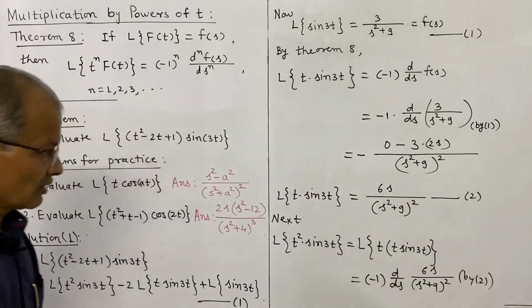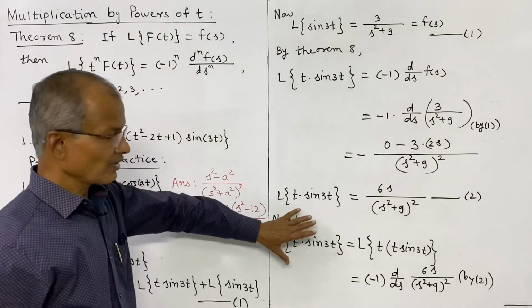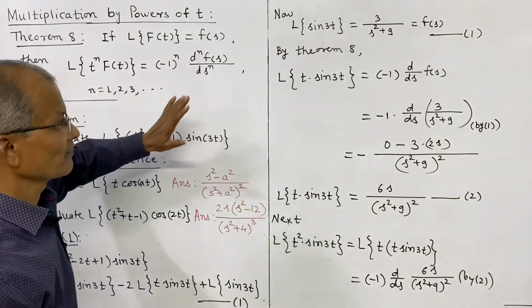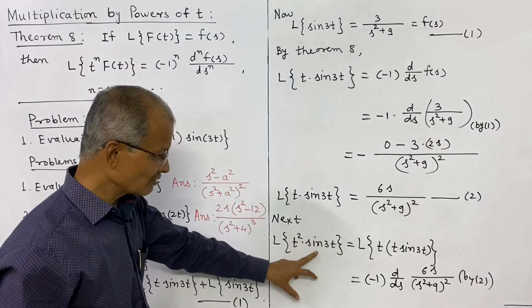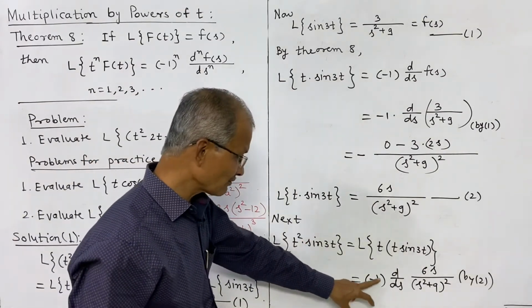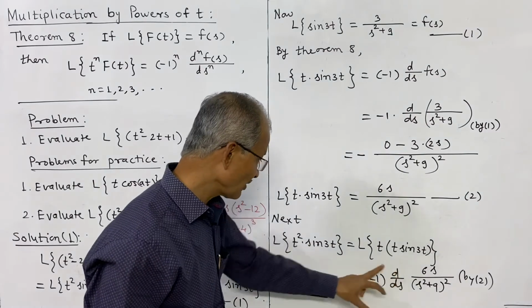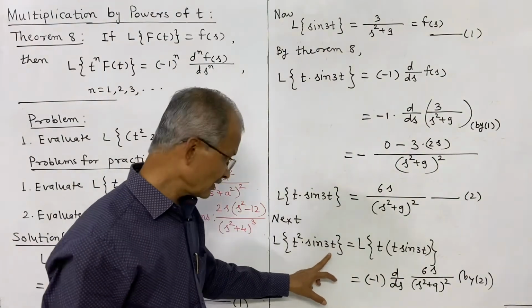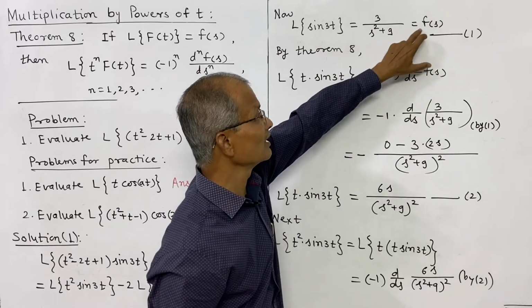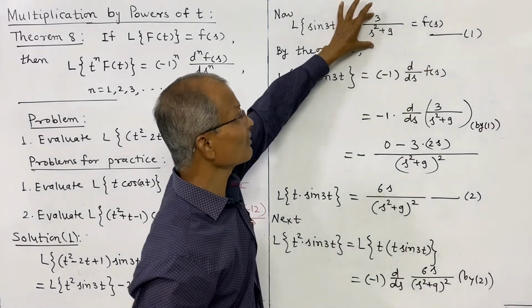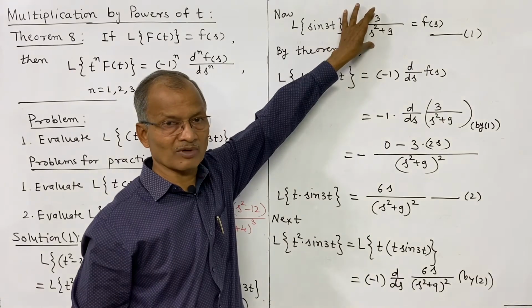So this is written by 2. You note this. So how we are using theorem number 8, or otherwise we can write this as L of t² sin 3t is equal to (−1)² times the second order derivative of the Laplace transform of sin 3t, that is F(s), so the second order derivative of 3 divided by s² + 9.